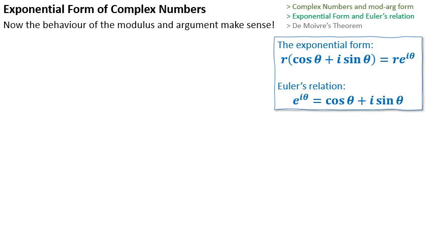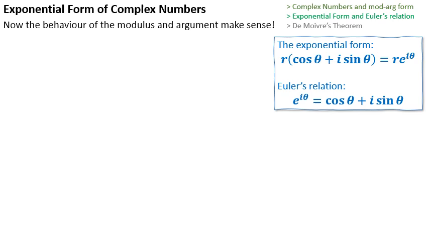Not only that, but now finally we can see why the behavior of the modulus and the argument makes sense. We can look at complex numbers as exponential objects, and when we multiply them or divide them, we can use the exponential laws.